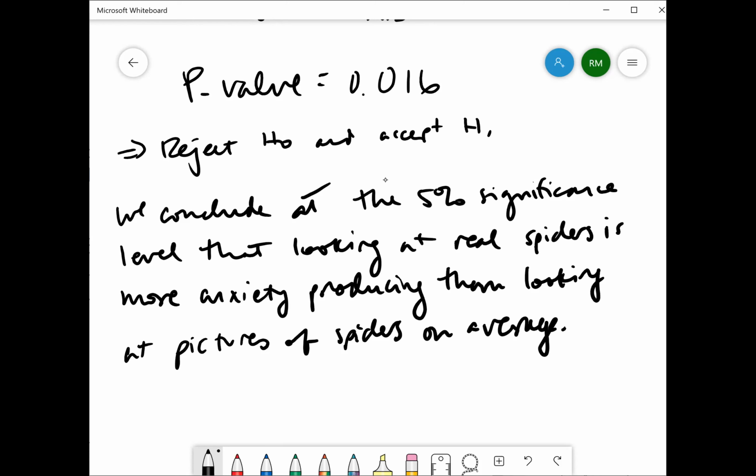This doesn't tell you what happens for an individual person. There will be people who think that pictures of spiders are more anxiety provoking than real spiders, but on average, we're convinced that looking at real spiders is more anxiety producing on average.